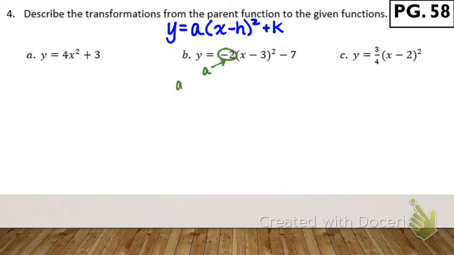When my A is a -2, a couple things happen. The negative affects it, and then the 2 affects it. What do you think the negative part of the number will do? Yep. This is going to reflect it over or across the x-axis.